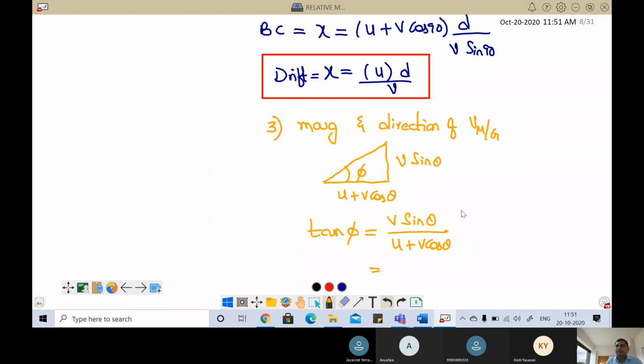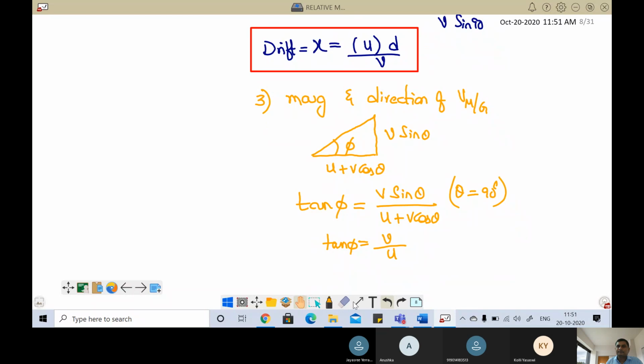Now we know theta is how much? 90 degrees for shortest time. So sin 90 is 1, cos 90 is 0. So tan phi is equal to v by u. Again, this is also another important formula. And what about the velocity of man with respect to ground?